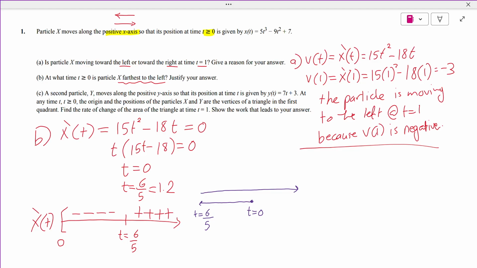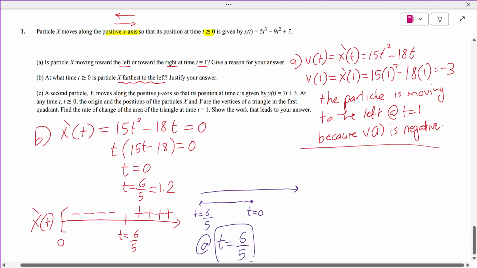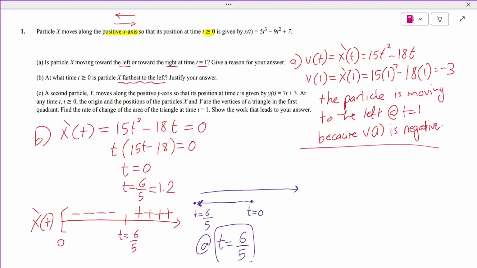So at what t value is the particle furthest to the left? It is at t equals 6/5. As you can see here, the particle reaches the farthest point to the left at t equals 6/5. After that, it's not moving to the left anymore. Hopefully that was clear.